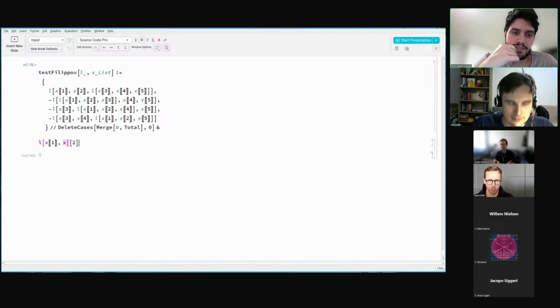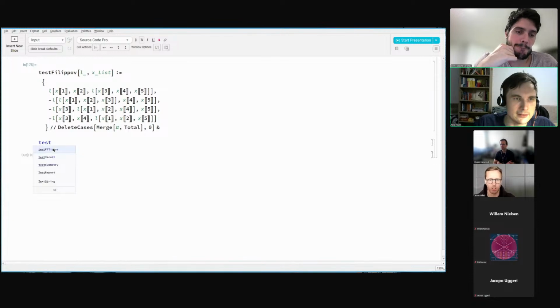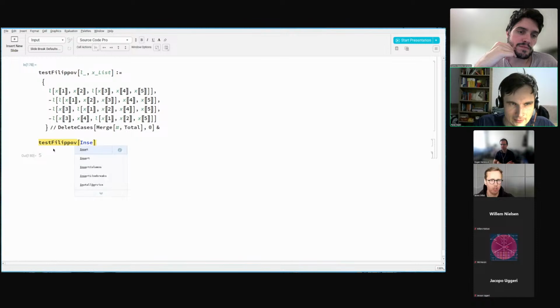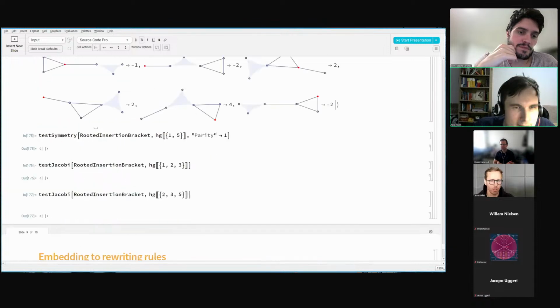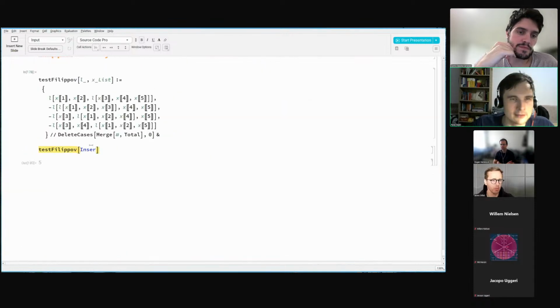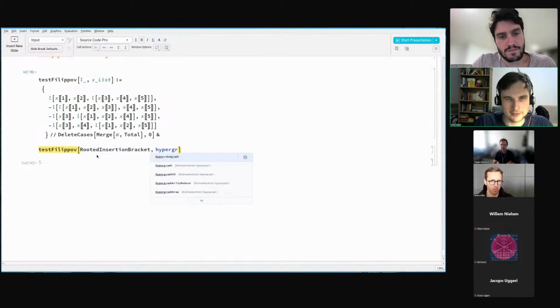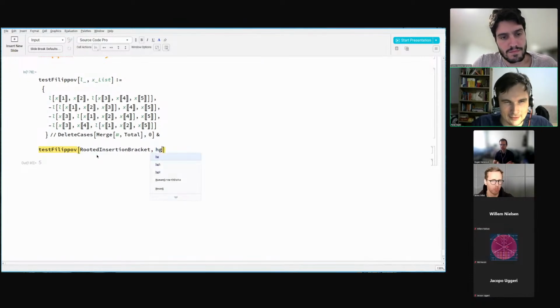This is how it is represented here. And now I can do test Filipov, and I can do the rooted insertion bracket, and I can apply it to the list of hypergraphs, to HG. And now it should do something.